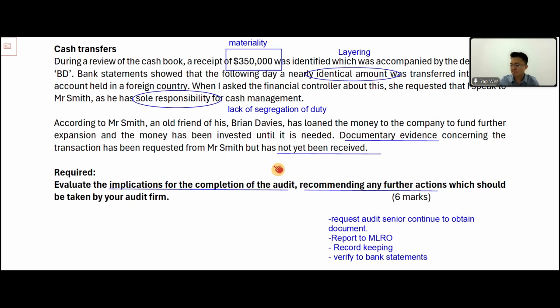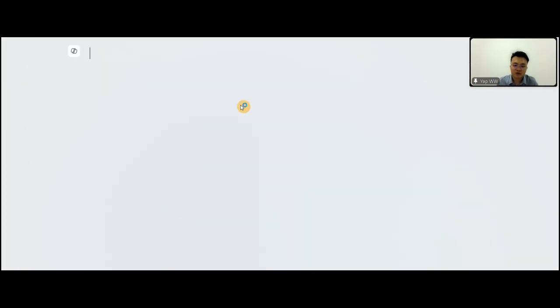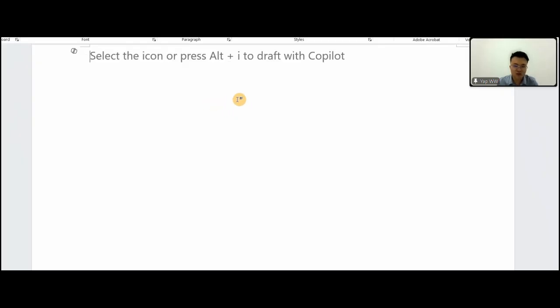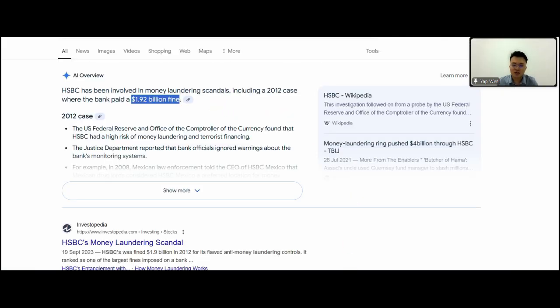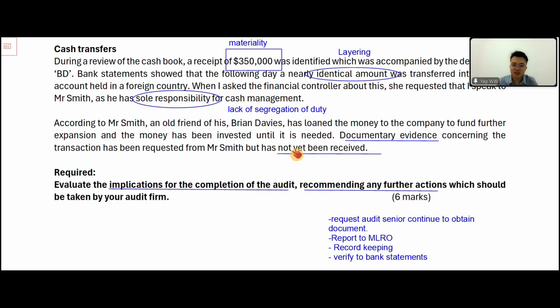I will show you the full answer. Depending on the individual, how are we going to write in the answers? I can use Microsoft Word to write the answers. Then you can try to follow and train yourself on how to write out the answers by typing, because that is what is needed in the exam. That's the skill that you need in the exams.